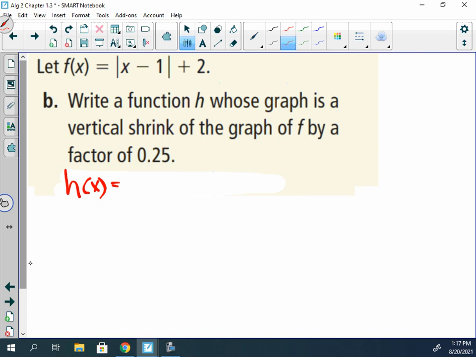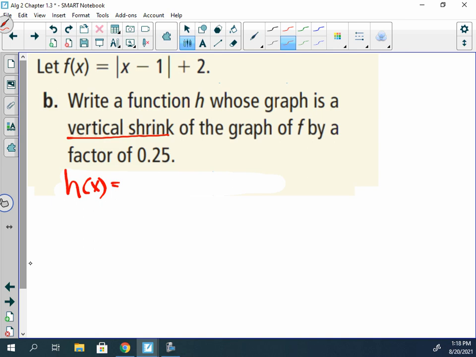Would we flip it? It would not. Because this one is vertical. Vertical doesn't change. We don't have to change it for vertical, but we do have to change it for horizontal.